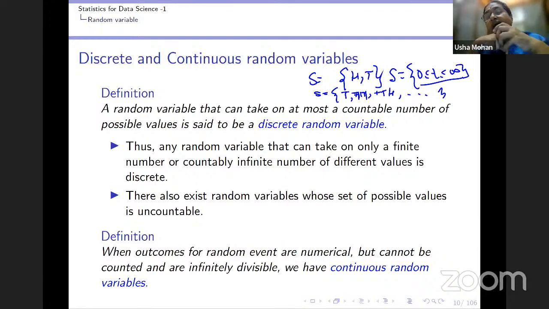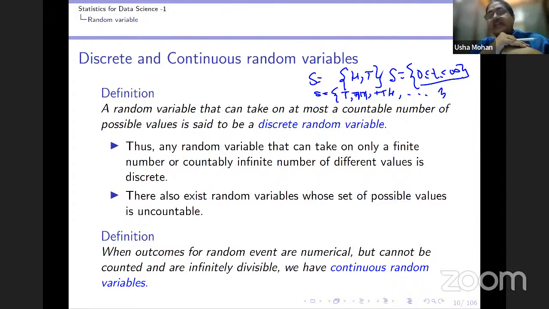Okay, so when I'm having this real valued function, I'm defining the random variable for any kind of sample space. If this real valued function can take countable values, then I call it a discrete random variable. When it is mapped onto an interval, that is, the outcomes are numerical but cannot be counted, I call it a continuous random variable.